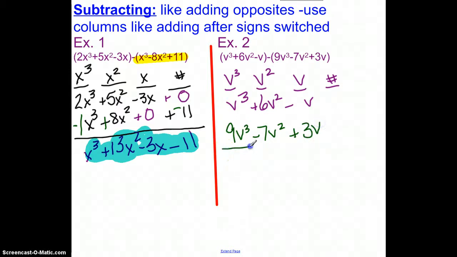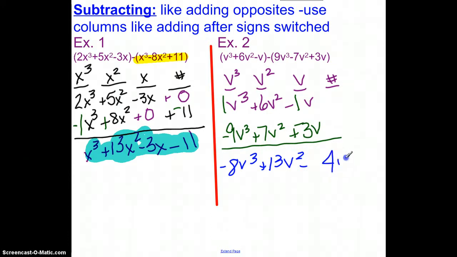Now remember, if it's subtraction, I want to go through and take the opposite of every single thing that's here. And then I'm going to also add 1s. Now my job is just to total it up. So negative 8v cubed plus 13v squared minus 4v.